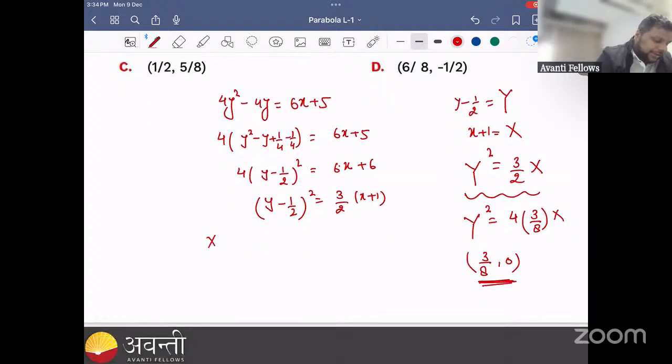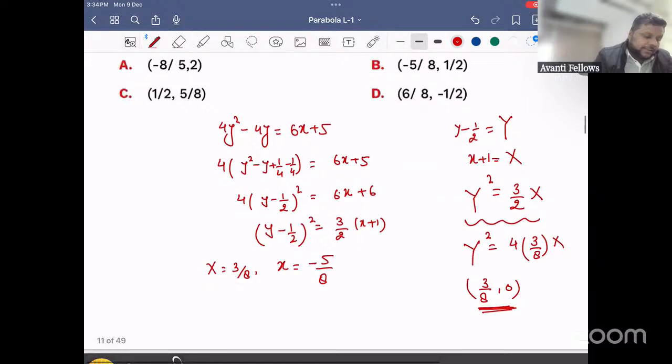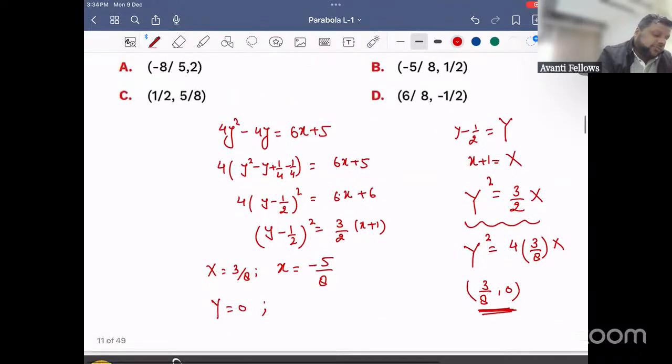So if capital X is 3 by 8, then small x will be 3 by 8 minus 1, so that is minus 5 upon 8. Am I correct? Now, capital Y is 0, so small y is going to be 1 by 2.